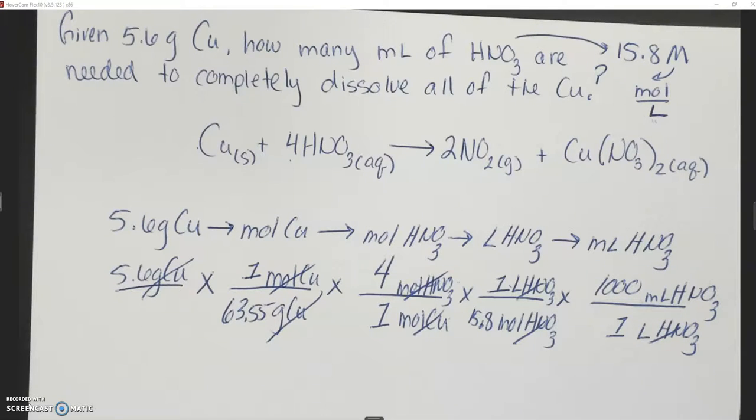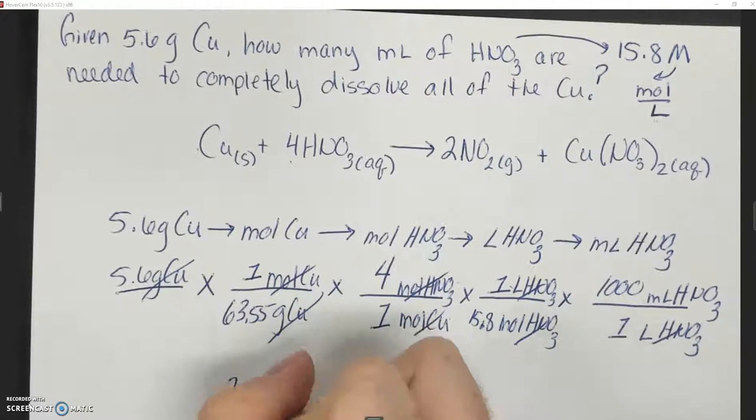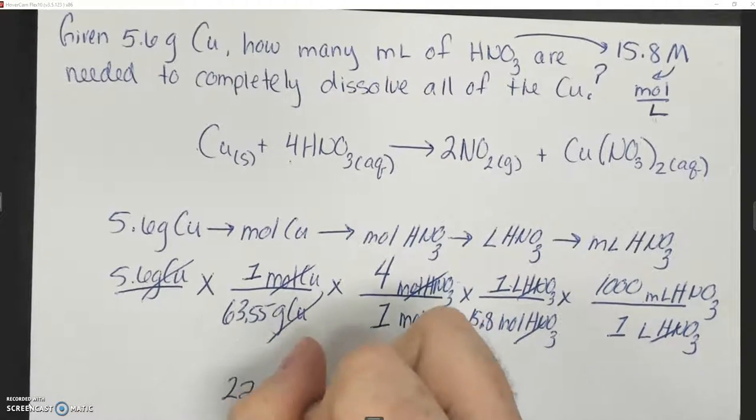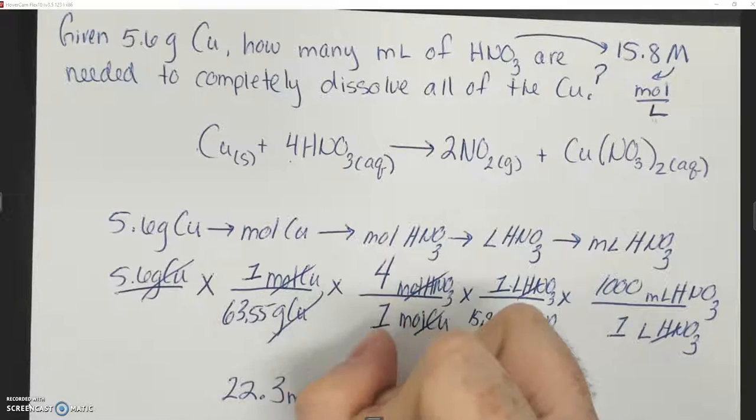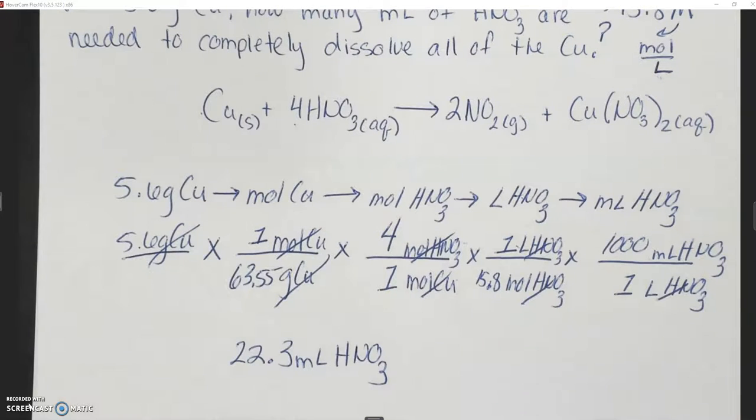And for this one, I got 22.3 milliliters of HNO3. I'm trusting that I entered everything into the calculator correctly.